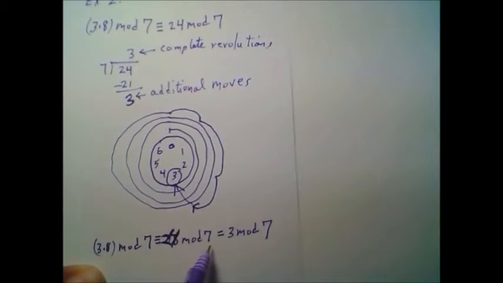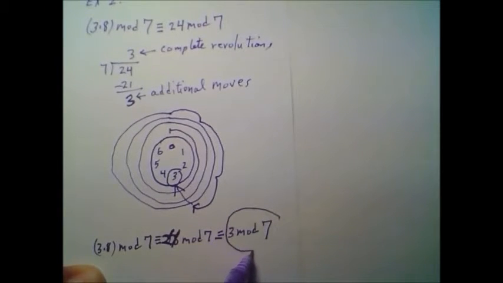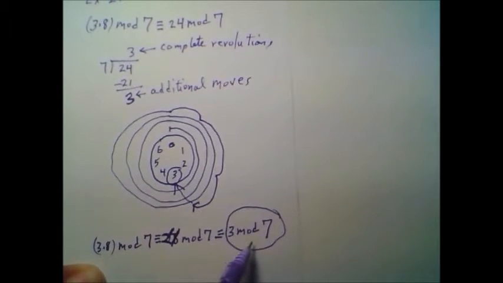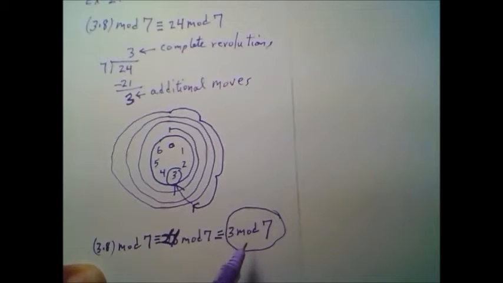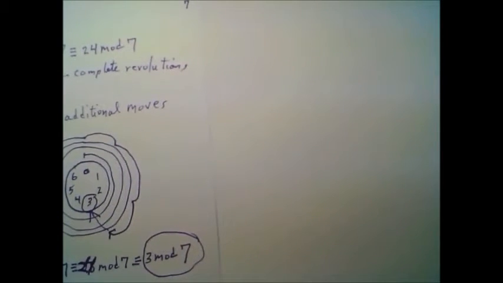So that's 24 mod 7, which is identical to or equal to 3 mod 7. So the answer would be 3 mod 7. That's what 24 is equal to in mod 7. 24 as a regular number in our number system is 24, but in mod 7 it corresponds to 3.